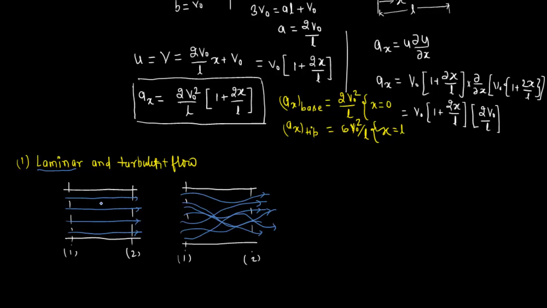Look at the laminar flow. Let's suppose there is a particle here and this particle is moving in a straight path, and if we consider this the longitudinal axis or pipe center line, the particle is not moving up and down. That is, it is not moving in the transverse direction. If this is the longitudinal direction, then this is the transverse direction.